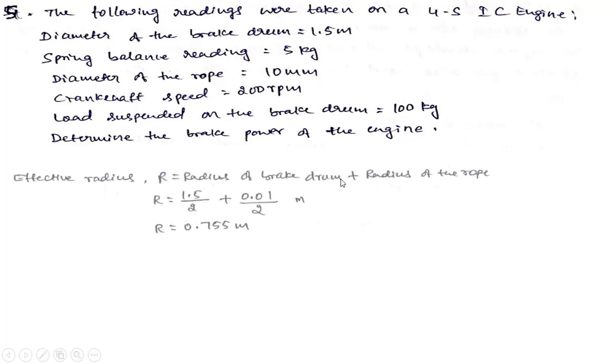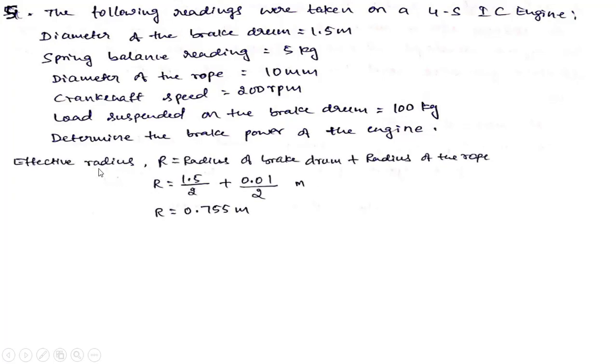So first, let us go to what is the effective radius, R. Torque is load into radius. For radius also they have given two terms. One is the diameter of the brake drum, as well as the diameter of the rope. Usually they will give only the diameter of the brake drum.